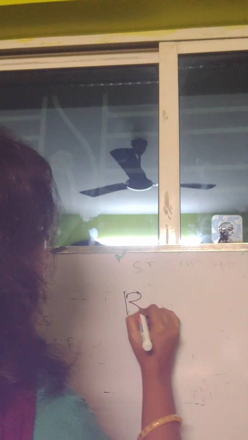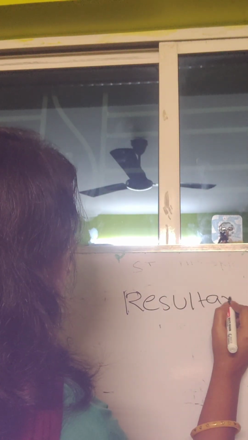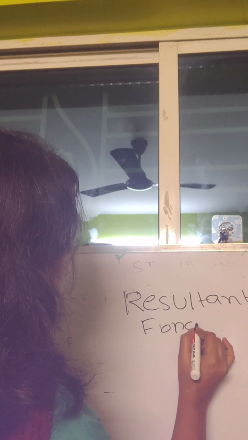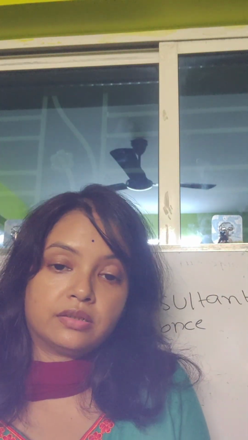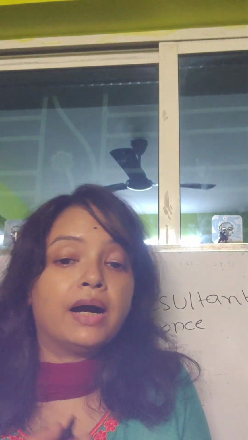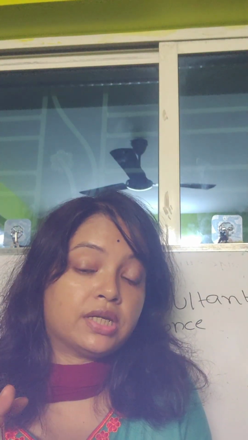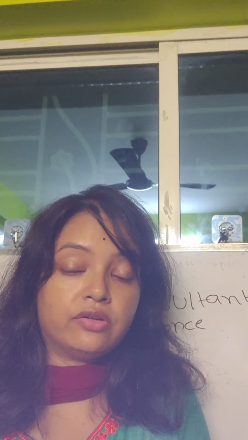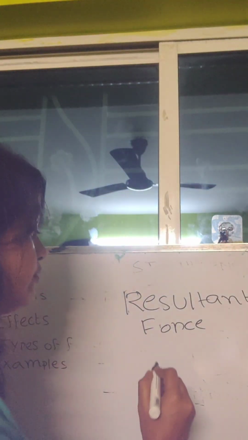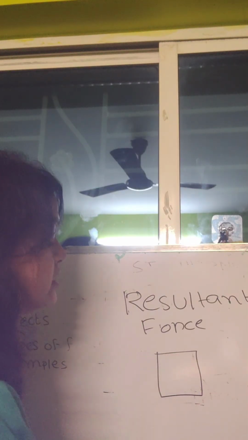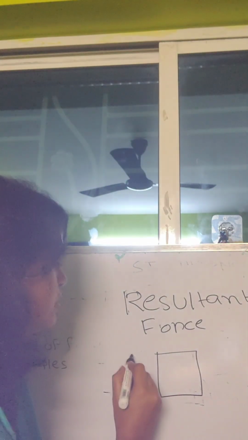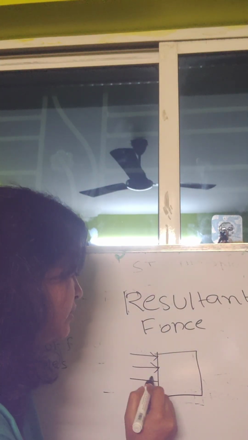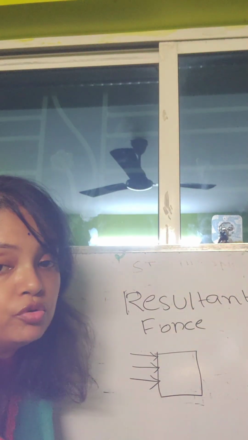Now come to the next, resultant force. So what is resultant force? Whenever two or more forces are applied on an object, the combined effect of all the forces is represented by a single one. This is called the resultant force. Suppose there is a heavy box and we are pushing the box, and two or more people are applying forces on the box to move it.